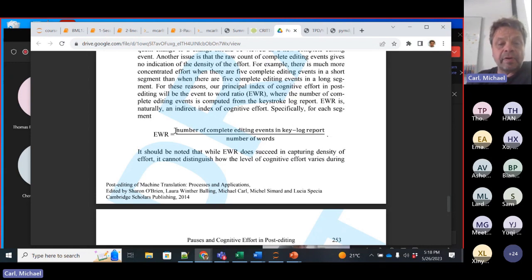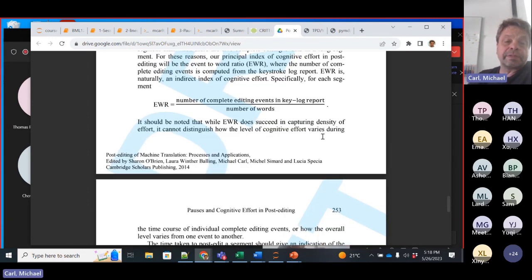And there are a number of complete editing events, and there are a number of words. What is a complete editing event? One can perhaps say that a complete editing event is a production unit, as we have defined it in the CRITT database. So we can look at how many production units there are and how many words, for instance, in a segment.